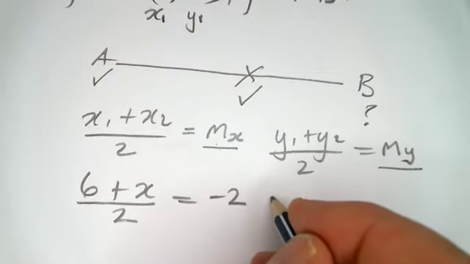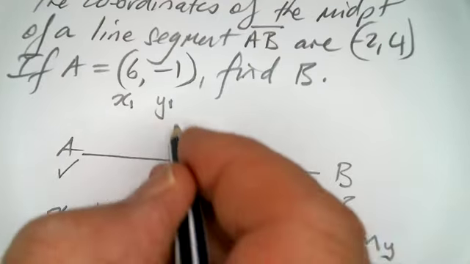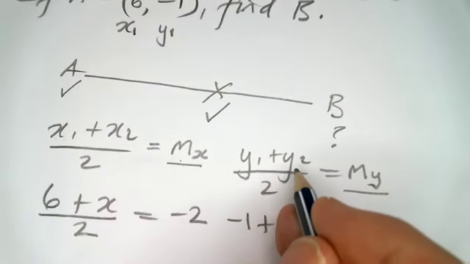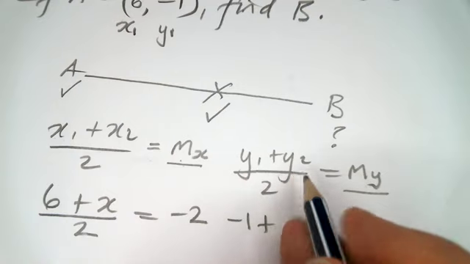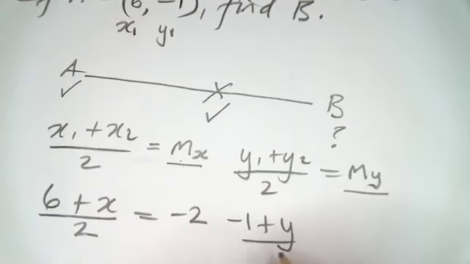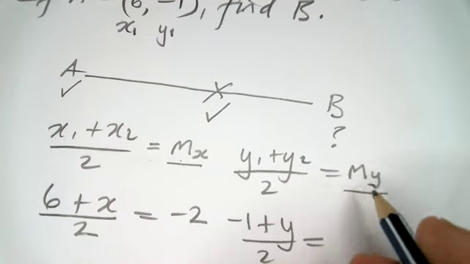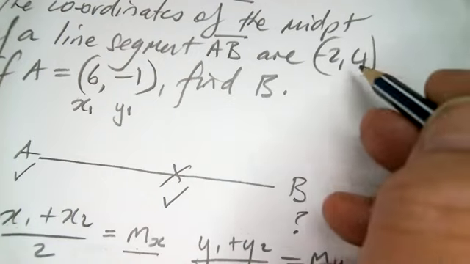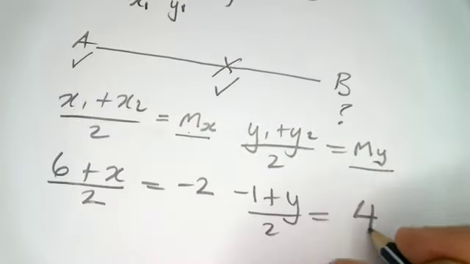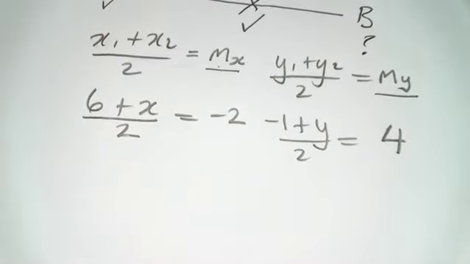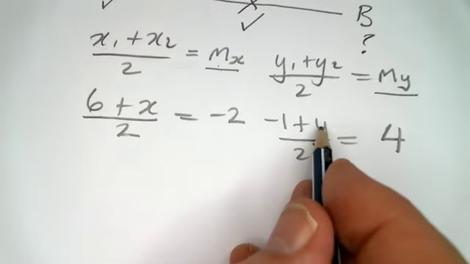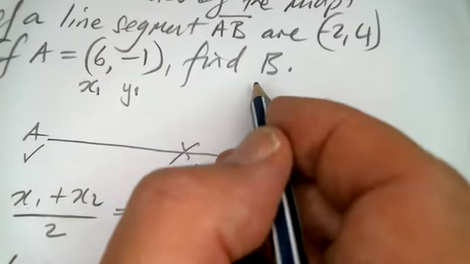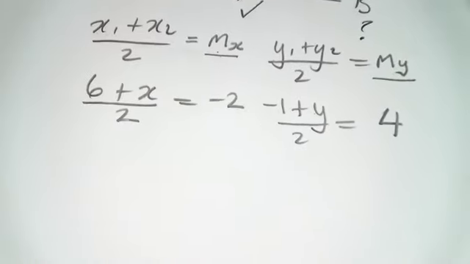Now y1 I know is -1, so I have -1 plus y2, which we don't know, I'm just going to call it y, divided by 2 is equal to the y value of the midpoint, which is 4. So we're now ready to find the rest of it. We just need to find the x and the y, the value for the coordinate of B. So let's do that right now.